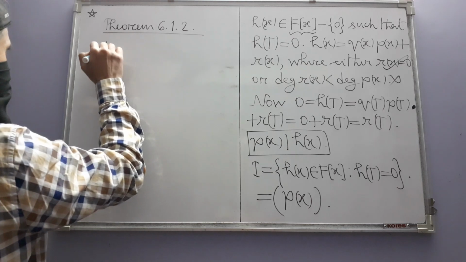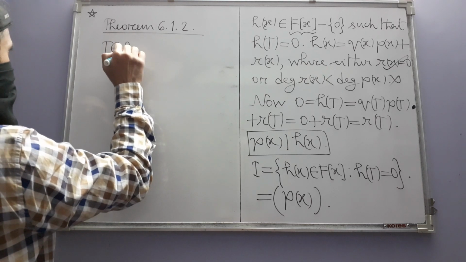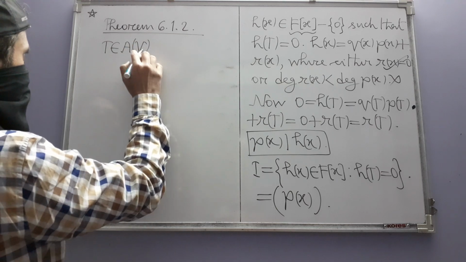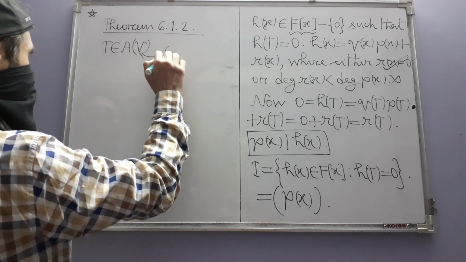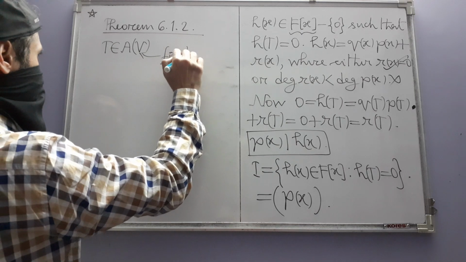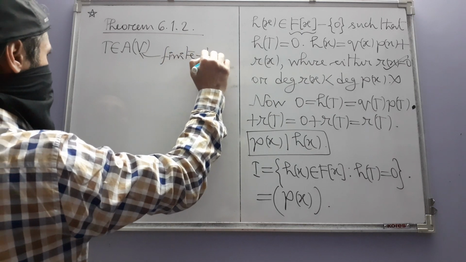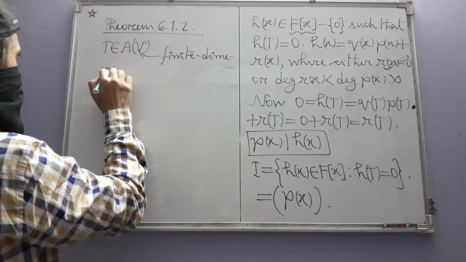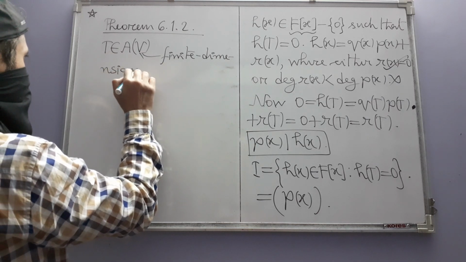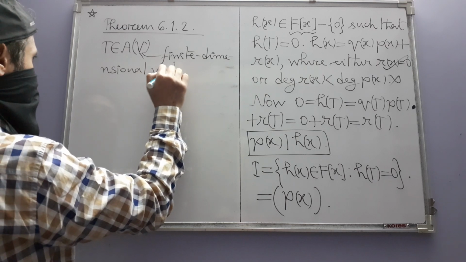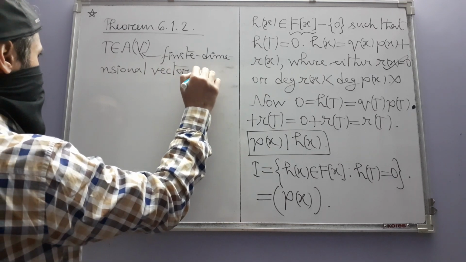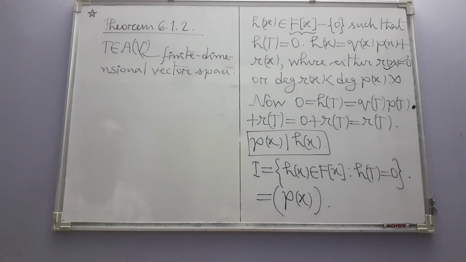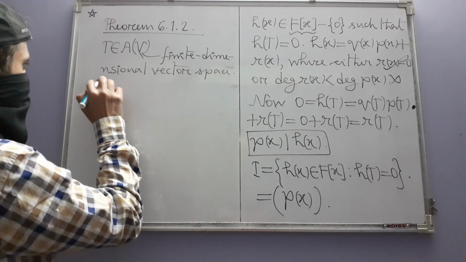Suppose T is a linear operator on a finite dimensional vector space. Then it has a minimal polynomial, you already know.